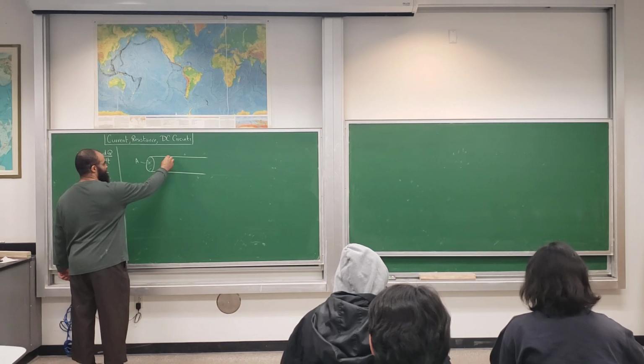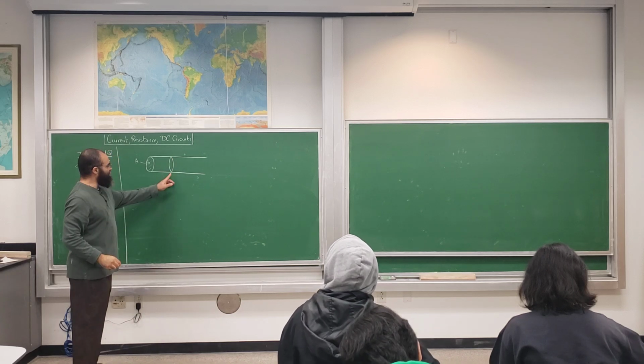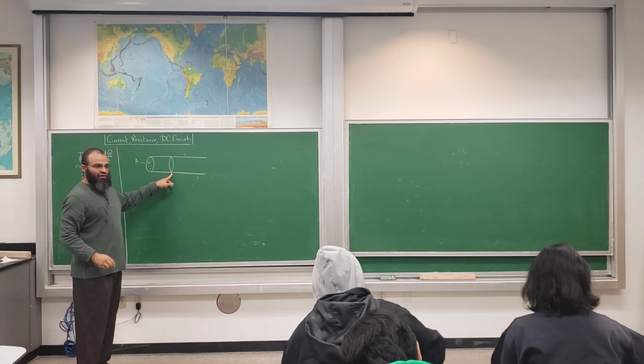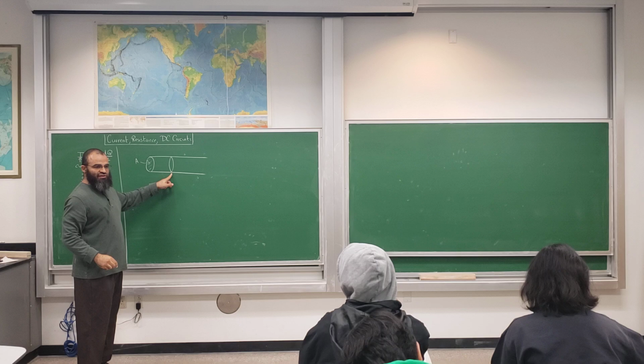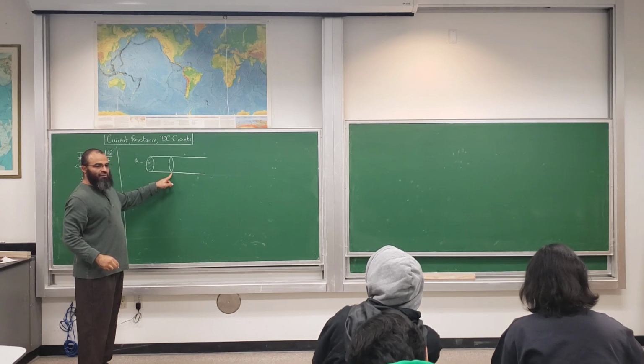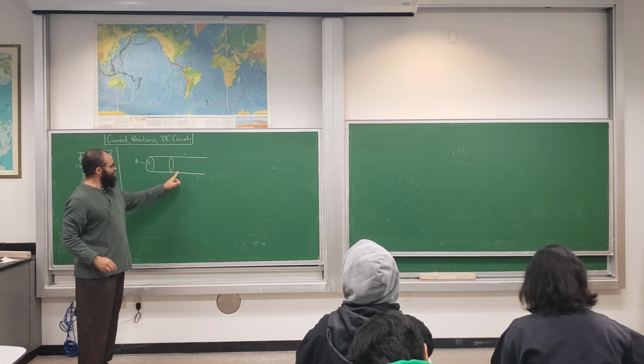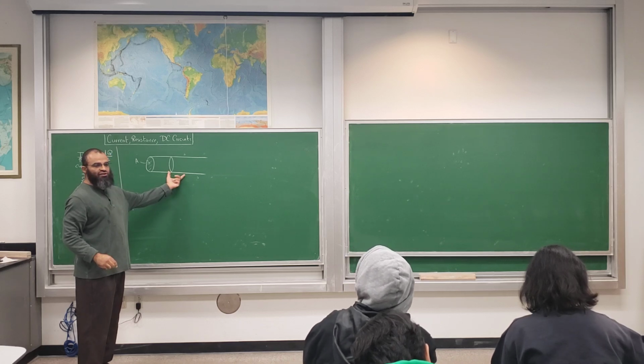So let's say I start timing the charges as they pass by here. The first charge passes at t equal to 0, and then after time delta t, that first charge will not be here, it will be here. And the last charge will be here. So this many charges have passed by.